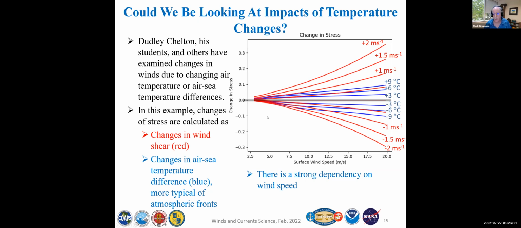And as the wind speed goes up, it's a nonlinear response, and you get a bigger impact. Now, again, in the tropics, the winds are much more persistent than they are at higher latitudes, so they have more time to integrate and have the impact. So I'm not claiming that it's negligible in the tropics with lower winds. I'm just saying you'll get a more immediate, stronger response.